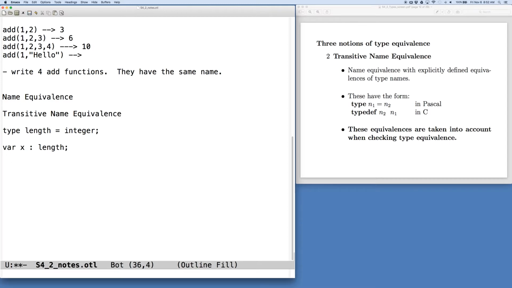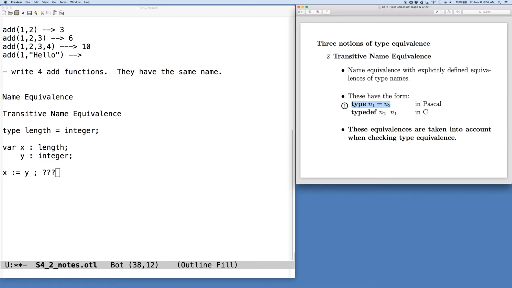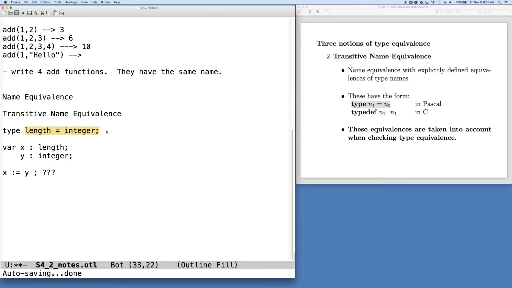And if we have another variable y of type integer, then what if we do x set equal to y? Is this allowed? Well, under strict name equivalence, we would say no, because they have different names for their types. Under transitive name equivalence, we say yes, because we take these specific specifications of type equivalence into account. So there's something that tells us that type length is equal to type integer. We've written that in the code, and thus we can transitively apply these equivalences to see if, for instance, length is the same as type integer.